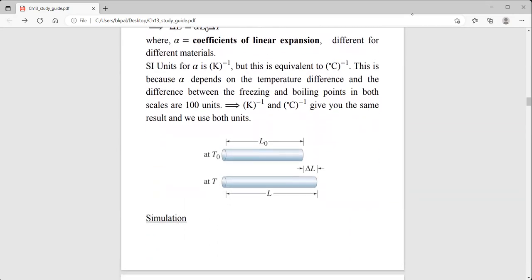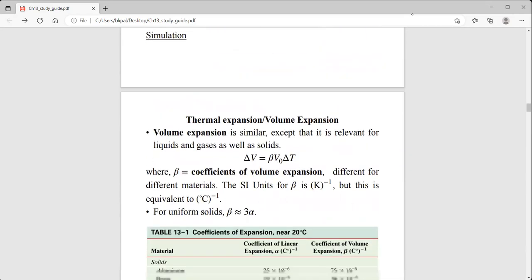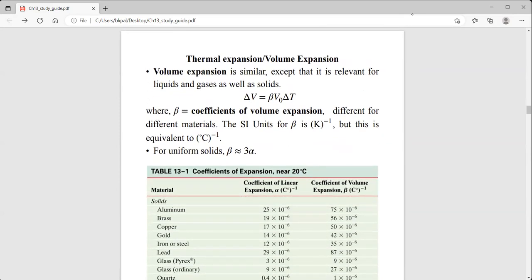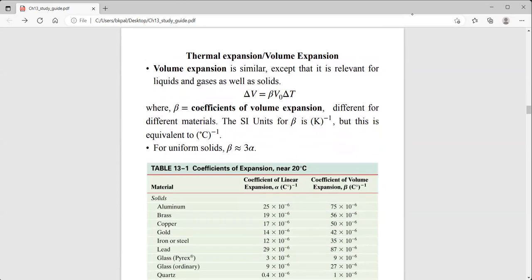For the gas and for the liquid, the volume expansion is useful. But volume expansion is also useful for solid objects. So volume expansion you can use for all objects, no matter whether it is a solid, liquid, or gas. But linear expansion is only useful for solid objects.